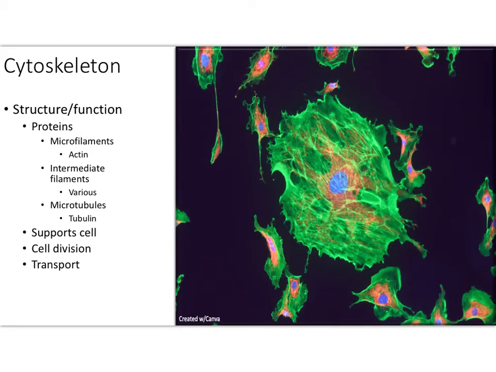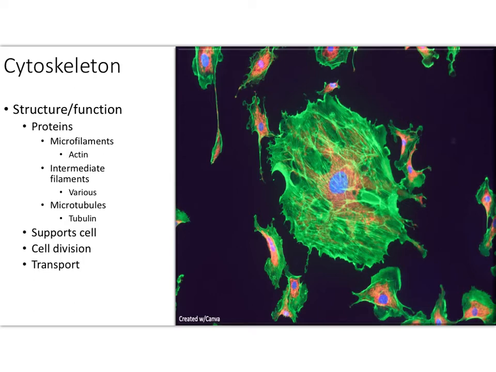Another structure we will find in eukaryotes is the cytoskeleton. So just like prokaryotes, eukaryotes also have a cytoskeleton. The cytoskeleton is also made of proteins. They just happen to be different proteins than the ones found in prokaryotes. If you think back to the prokaryote lecture, we talked about those proteins being MreB, FtsZ, and CreS.